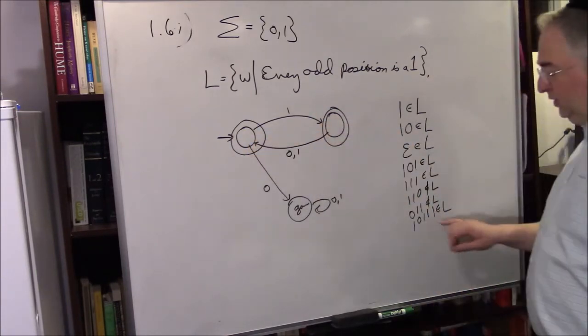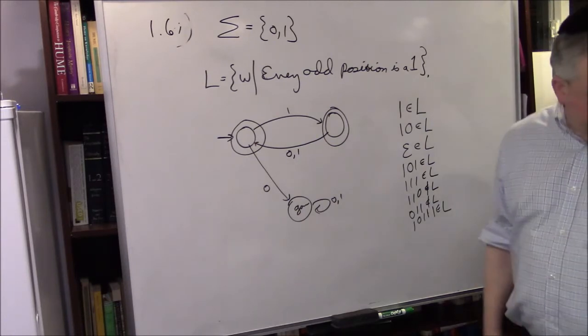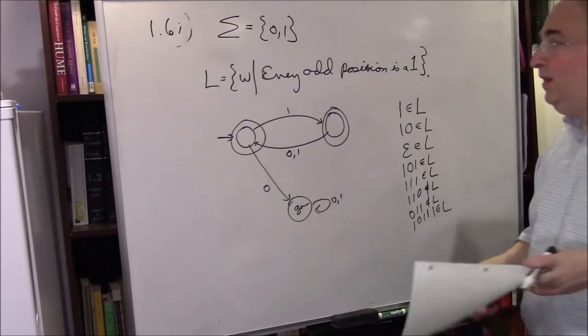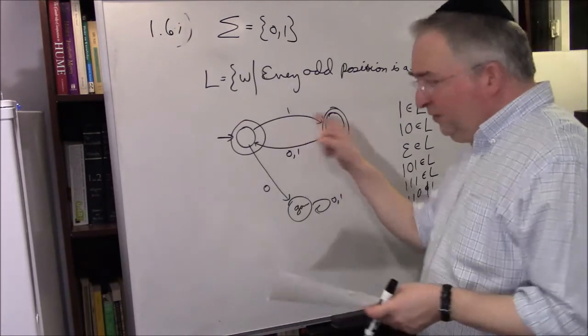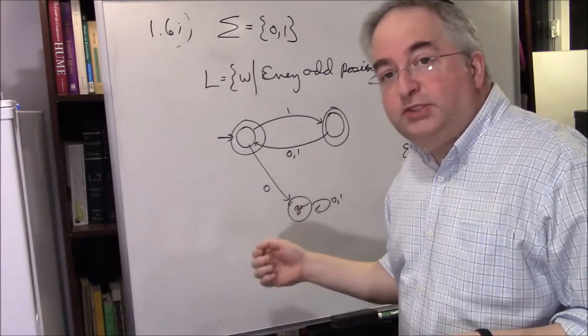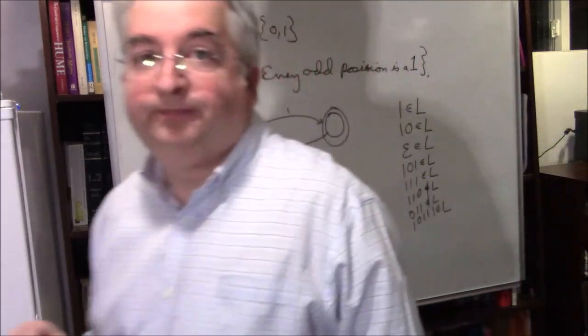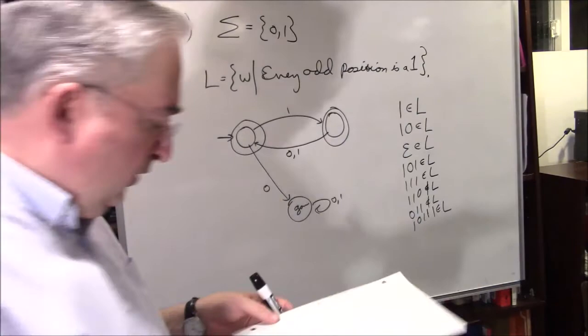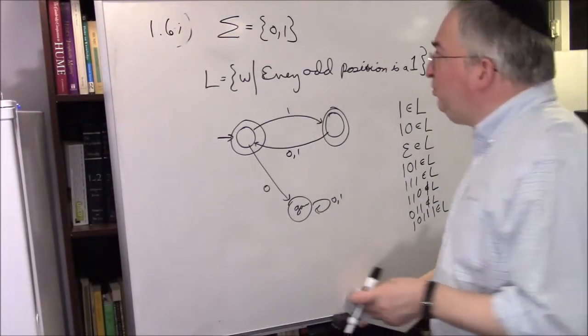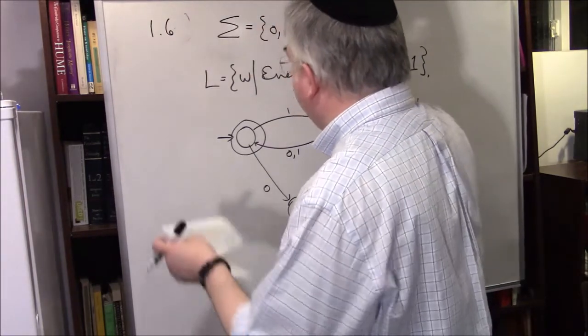It's good. That lands in the language. Okay? It's a nice problem. Again, we have this little parity checker because we want to count what's an odd position, what's an even position. Great. Last problem, 1.6J.